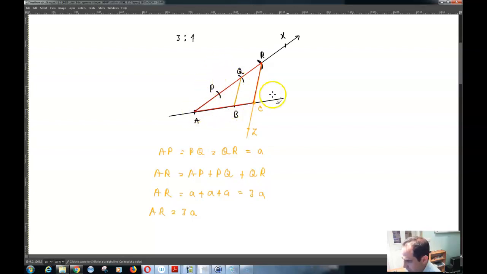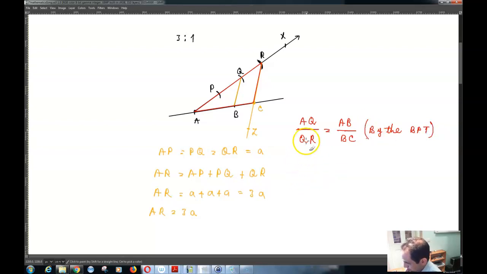So that means AQ to QR is equal to AB to BC by the basic proportionality theorem.